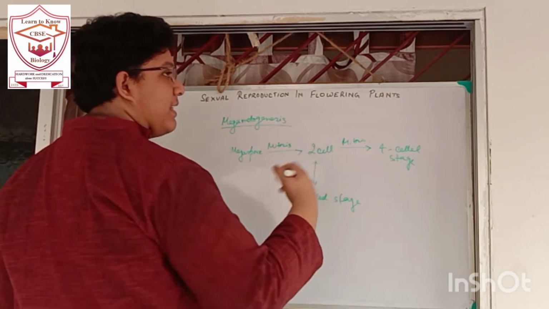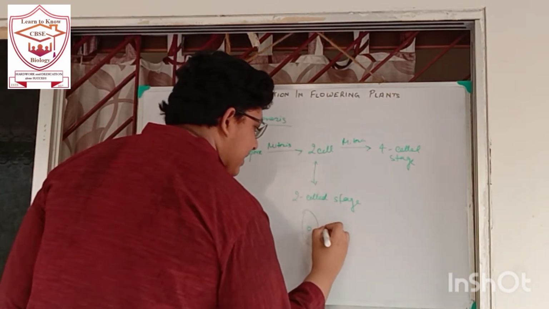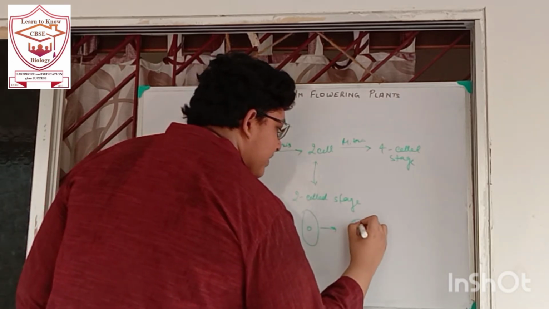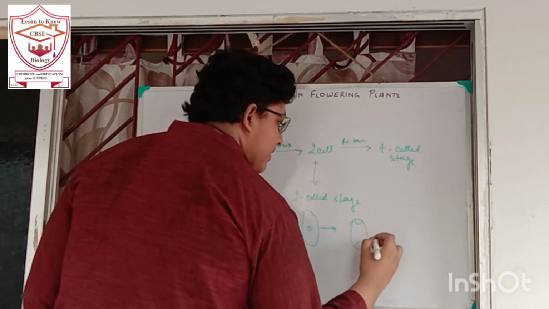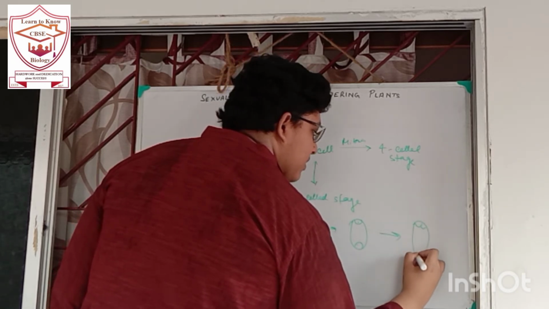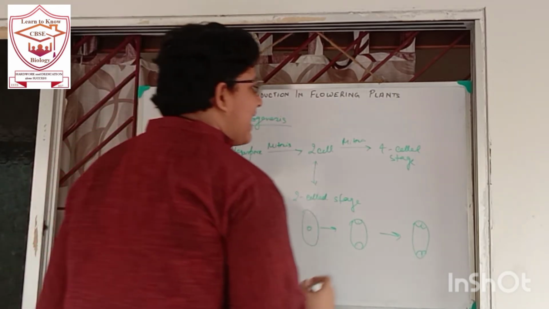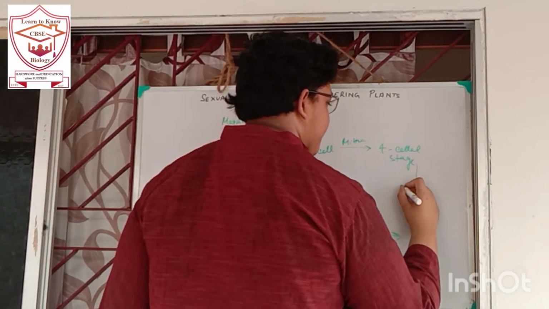Mitosis forms 2 cells, which move upward. So a single cell will form 2 cells, which move upward. From there, the second mitotic division, and again a mitosis takes place.